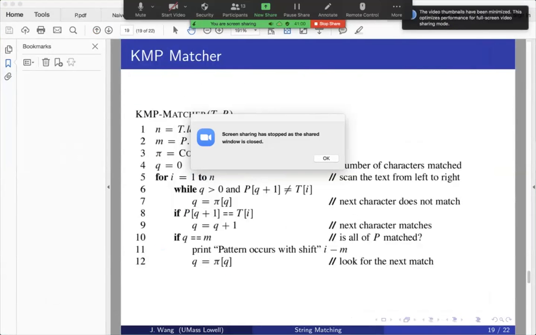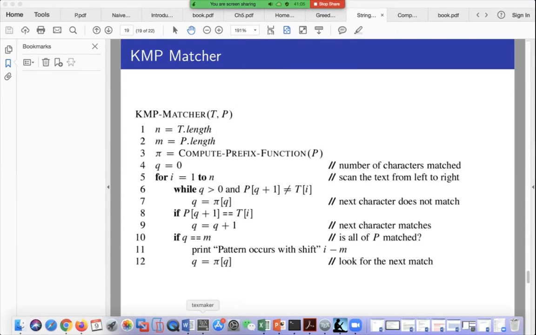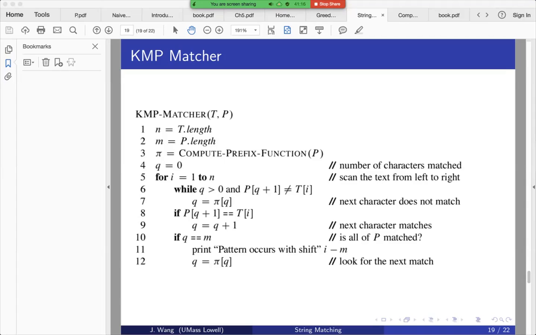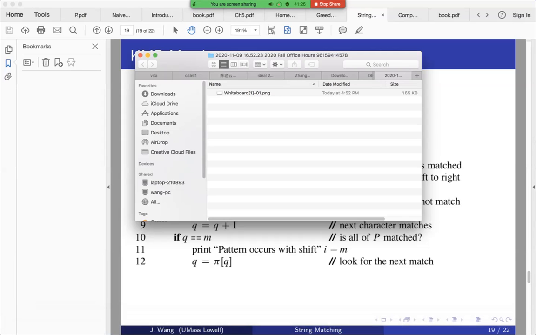What's going on here? Do you see the screen? Yes. Yep. Okay, all right, good. All right, so we're gonna look at a new topic, which is not here.